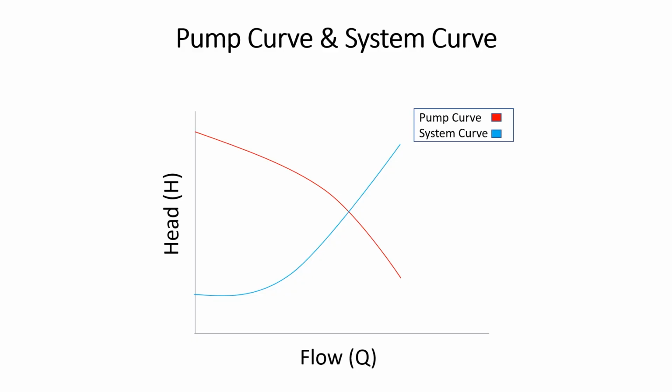The system curve is nothing but the summation of all friction losses and the static head in the system, and this is usually determined by the engineer. The intersection between the two curves will give us an indication about the operating point.